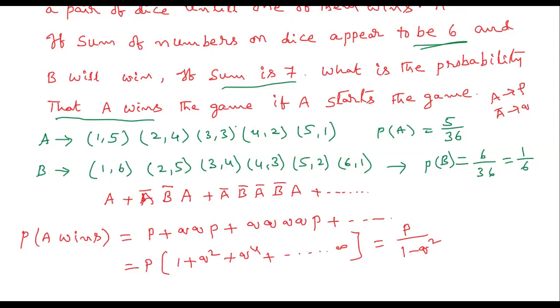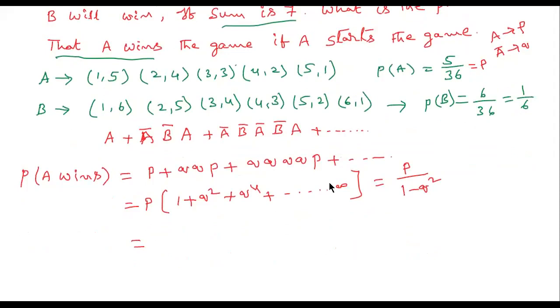A winning chance, that is P, 5 by 36. A losing chance, 1 minus 5 by 36, that is 31 by 36. Now substitute here.